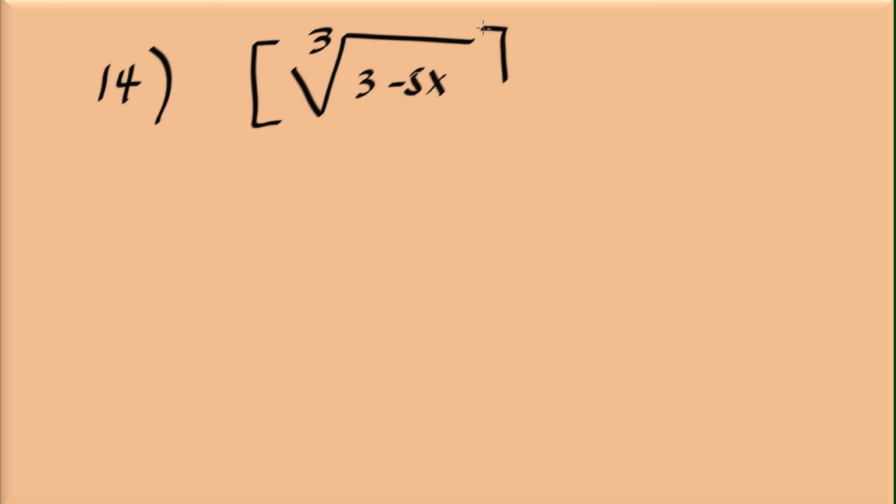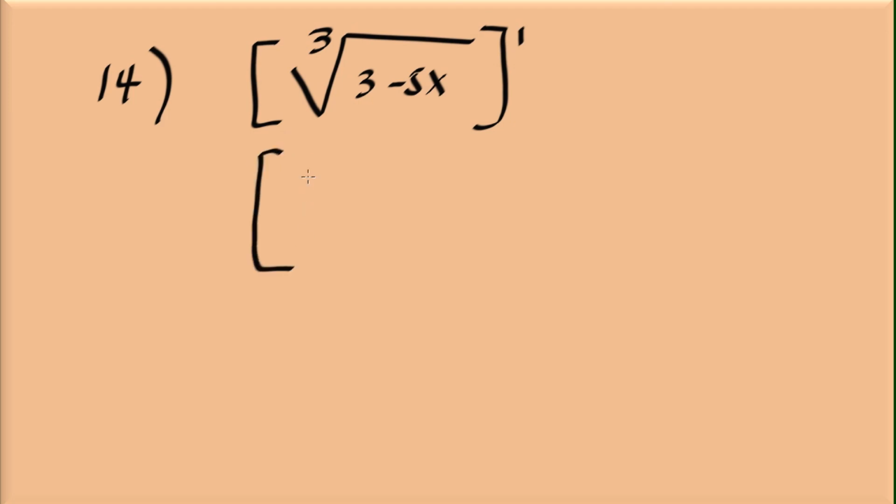Okay, 14. Let's say you have a cube root instead. Let's say this is the cube root of 3 minus 5x. For this one, we have to express this in rational exponent.